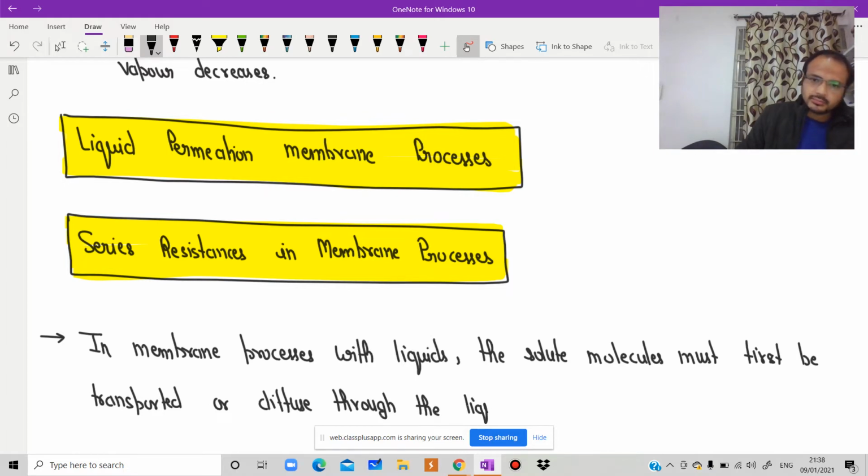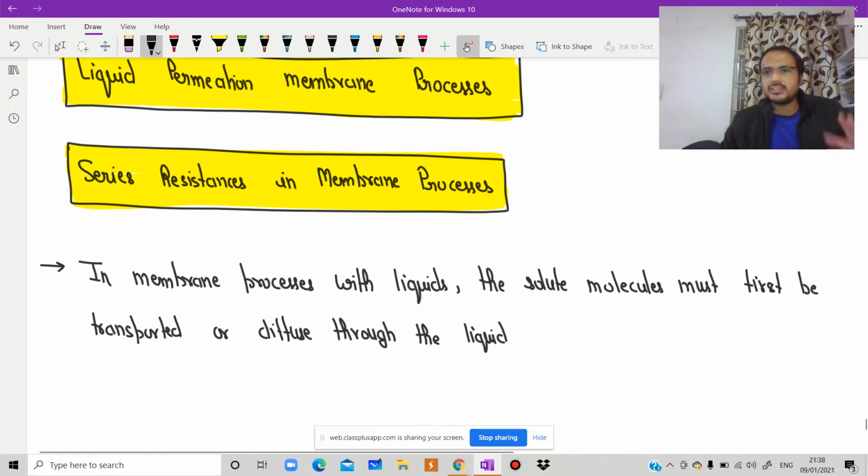liquid film. In my first class, I told you that here we have two phases: gas-gas, liquid-liquid, or liquid-gas.